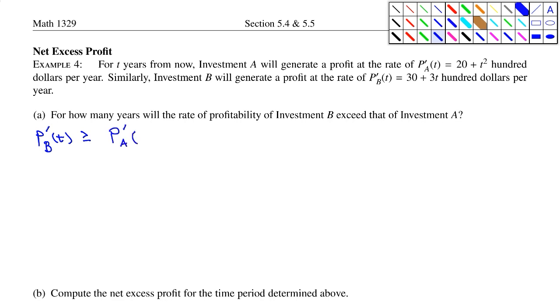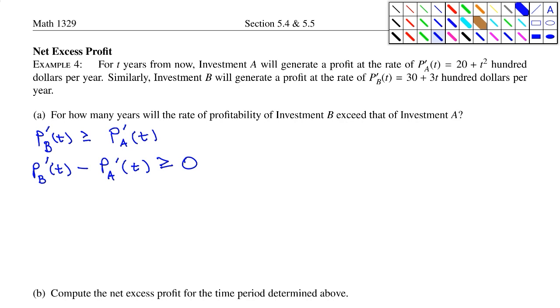When is P prime B of t greater than or equal to P prime A of t? To solve an inequality like this, we first arrange it so that it is compared to 0. So I'm going to move the P prime A of t to the left, and that makes it greater than or equal to 0. Then we solve this inequality.